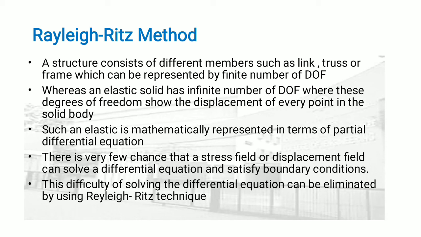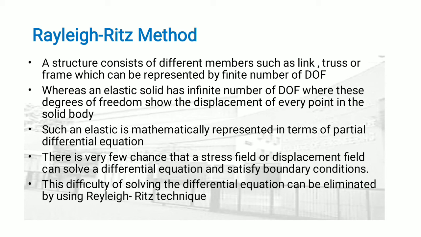Another one is the Ritz approach. A structure consists of different members such as links, trusses, or frames, which can be represented by a finite number of degrees of freedom, whereas an elastic solid has an infinite number of degrees of freedom, where these degrees of freedom show the displacement of every point in the solid body.